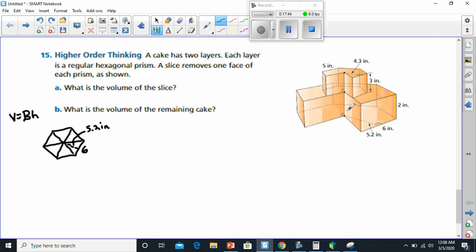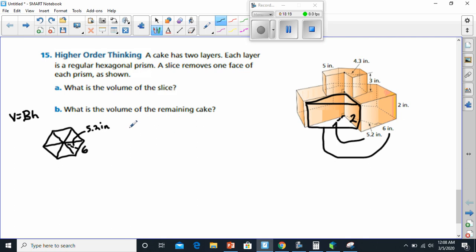This time, since we're talking one slice, we're only talking one triangle as the base. We're talking about this one piece here that's been removed. We know that it's 2 inches tall, from the center this way it is 5.2, and this side is 6 inches. So from there, we can work.